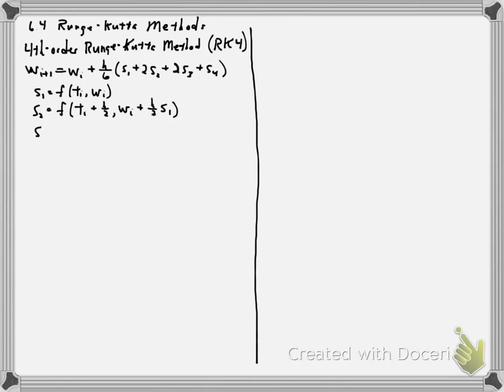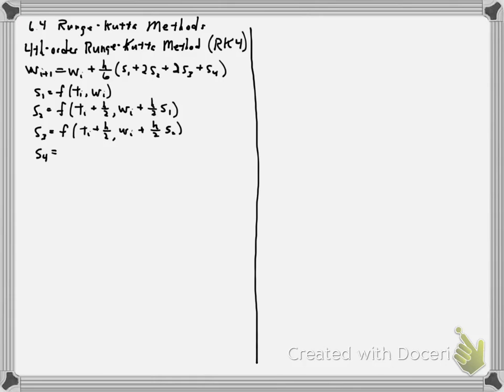And S sub 3 is equal to f of t sub i plus h over 2, W sub i plus h over 2 times S2. And S sub 4, now we're evaluating the function.